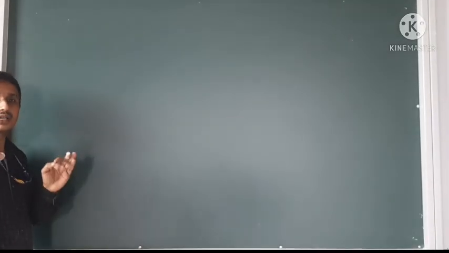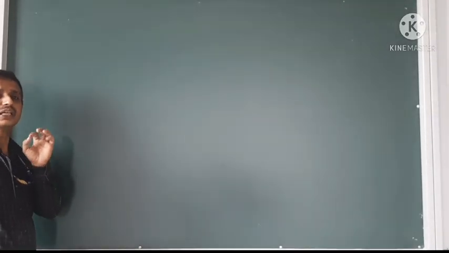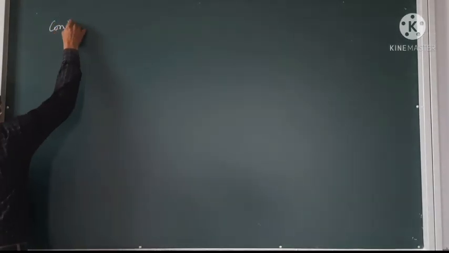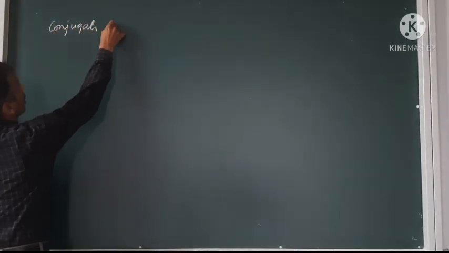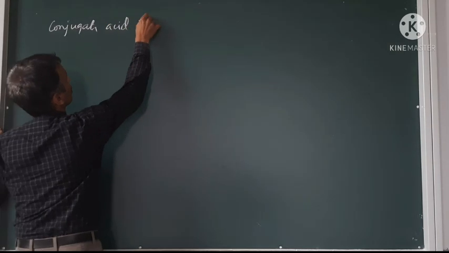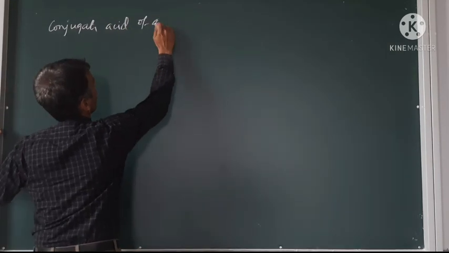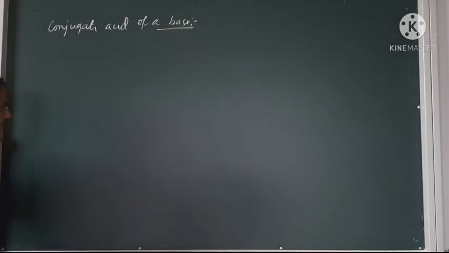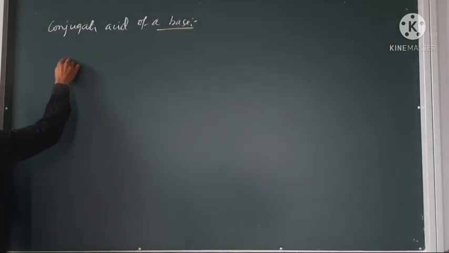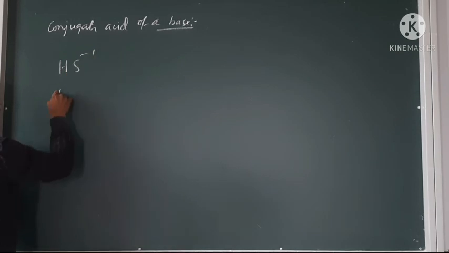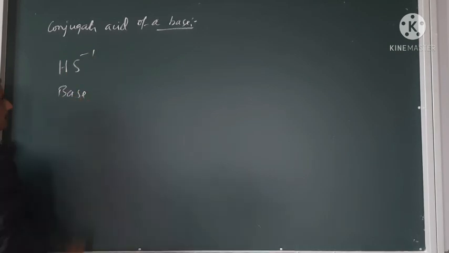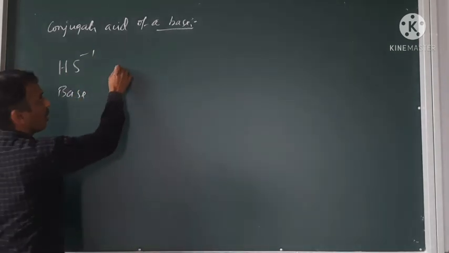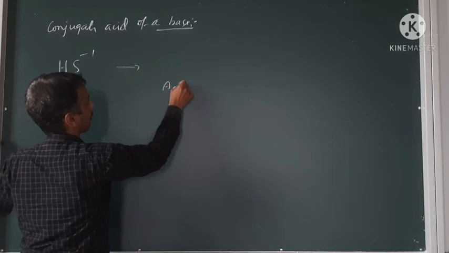Now, how to write the conjugate acid if the bases are given? Conjugate acid of a base. HS minus is a base, we say. I have to write its conjugate acid.